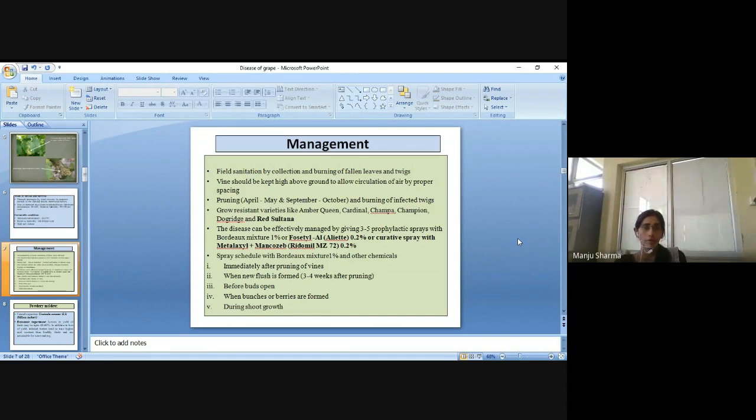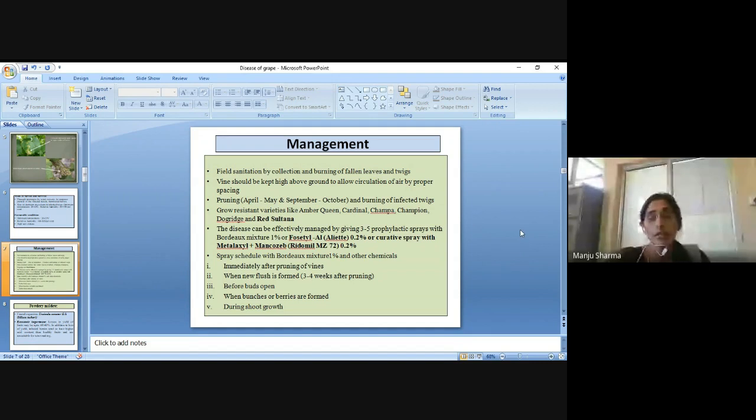Disease management: first is field sanitation by collection and burning of fallen leaves and twigs. Vines should be kept high above the ground to allow circulation of air by proper spacing, pruning in April, May, and September to October, and burning infected twigs.